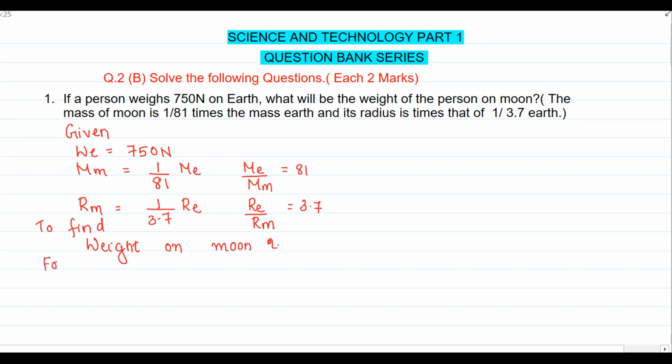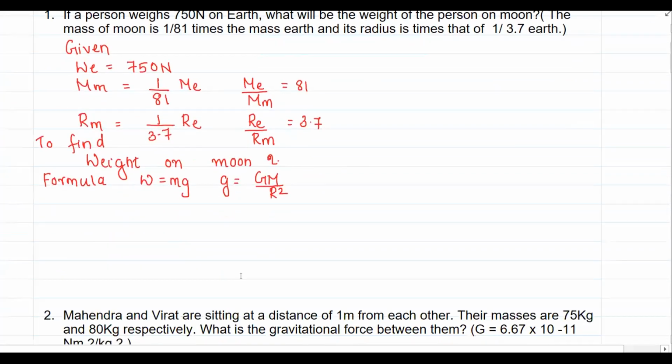Formula is, we know formula for weight is W is equal to mg, where g is the acceleration due to gravity, g is equal to GM upon r square. Now, weight of the person on Earth is given, but mass of the person is not given. We know that mass will remain constant in all the planets.